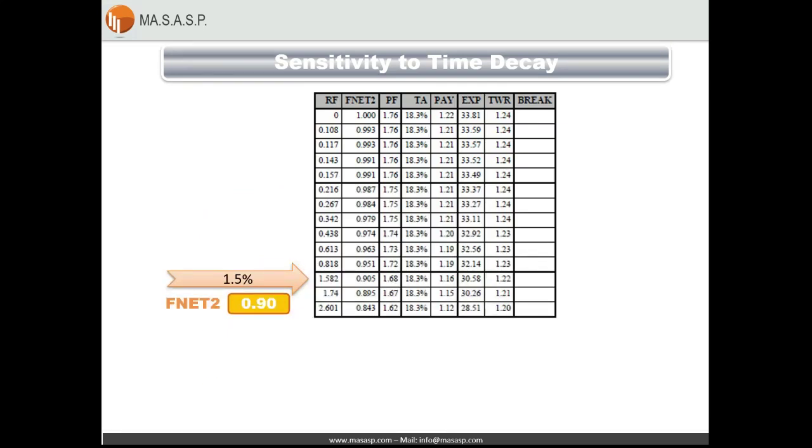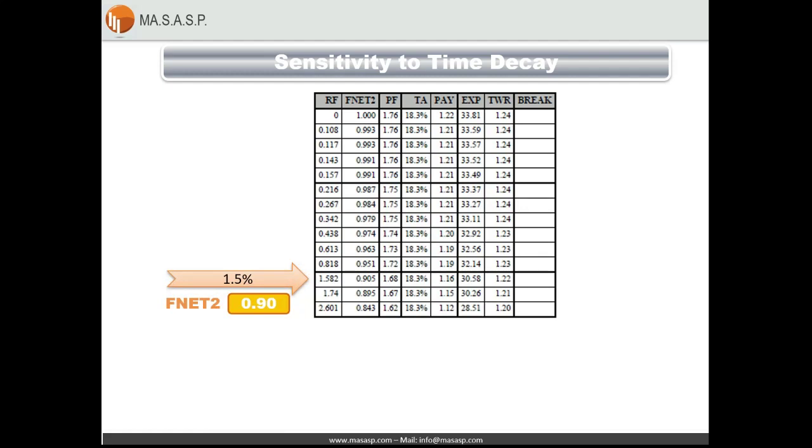If we expect interest rate levels to be something around 1.5% in the future, or any other value, we can look at the table that complements the previous chart in order to figure out what the netting factor would be at this level.